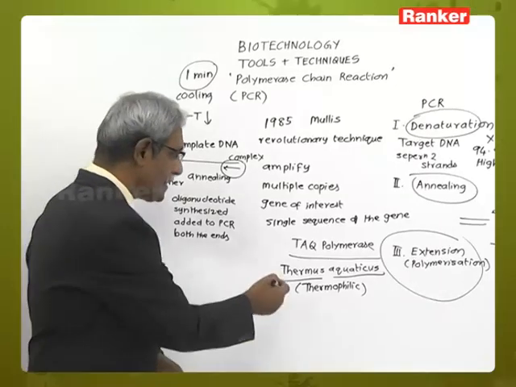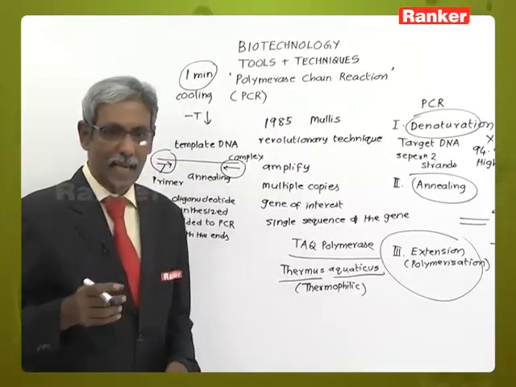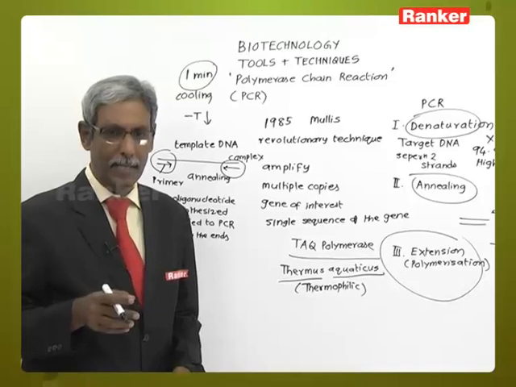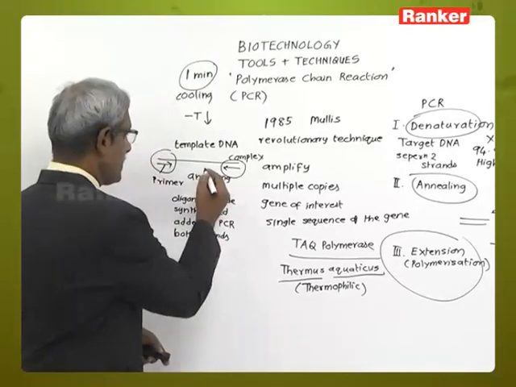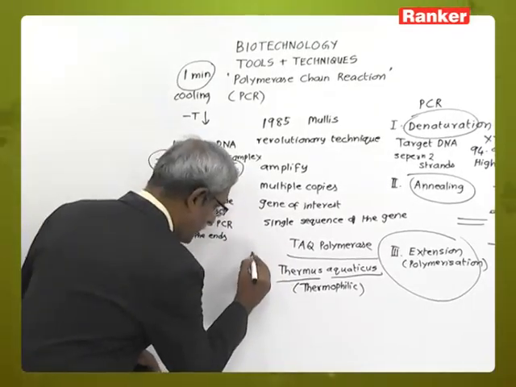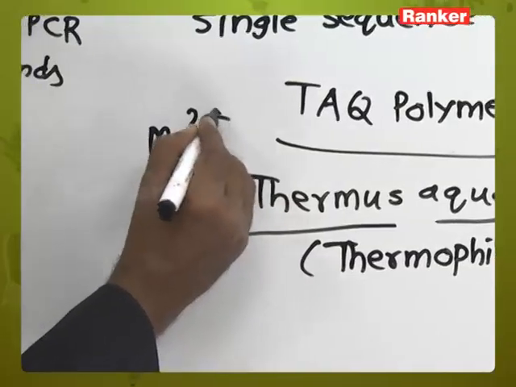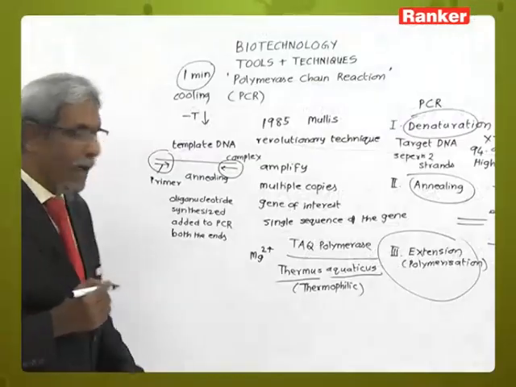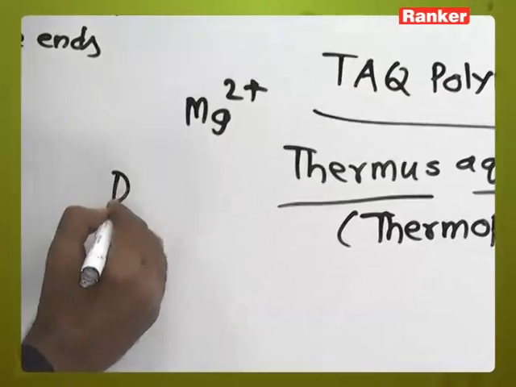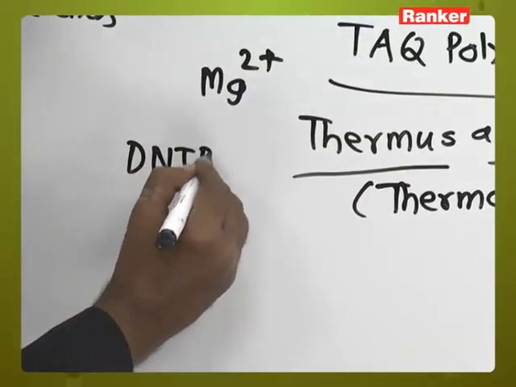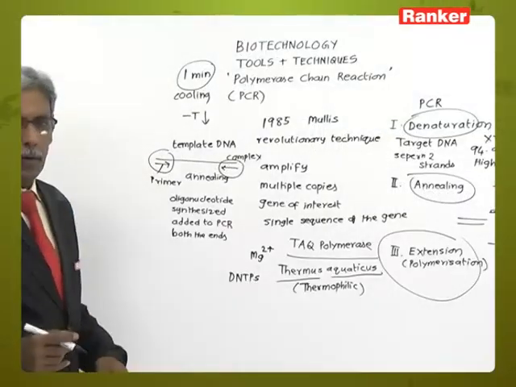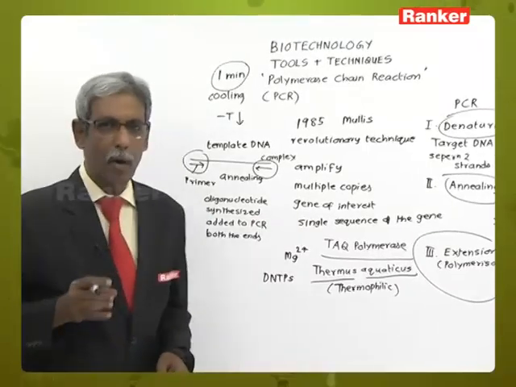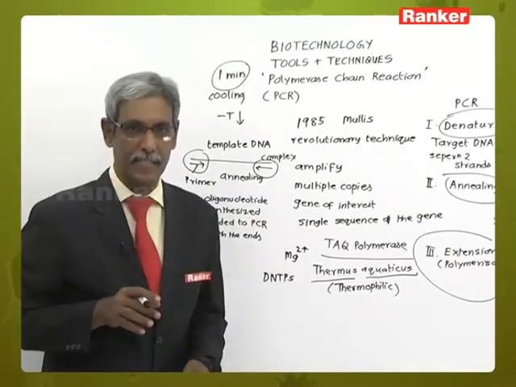So, the Taq polymerase synthesizes the DNA region between the primers, and during the synthesis it requires magnesium, and it uses dNTPs. Now, dNTPs are deoxynucleoside triphosphates.